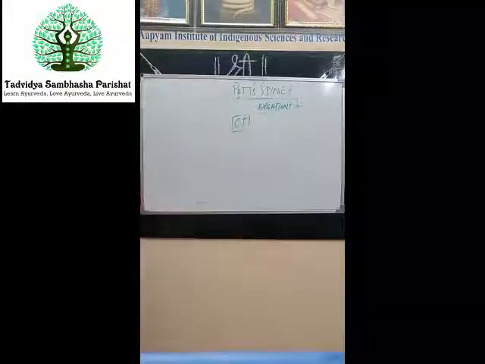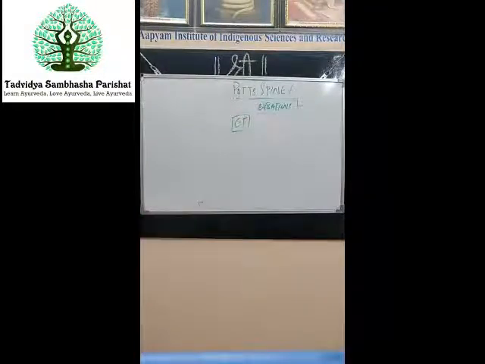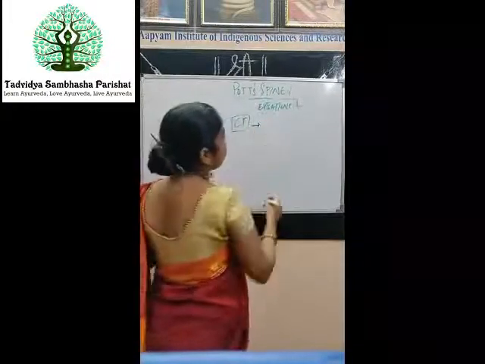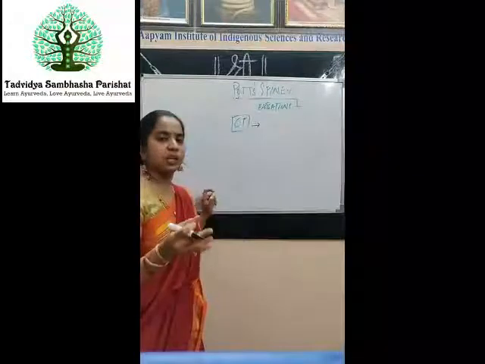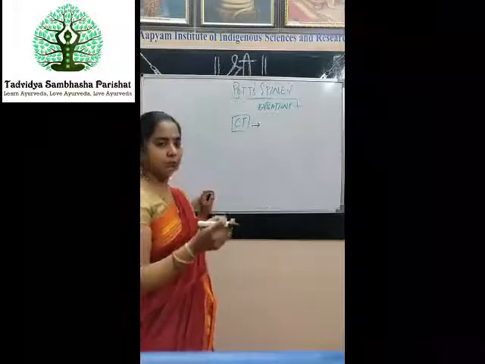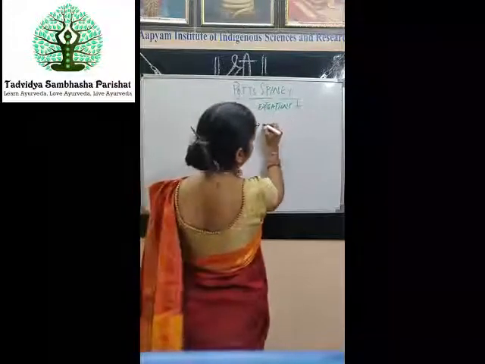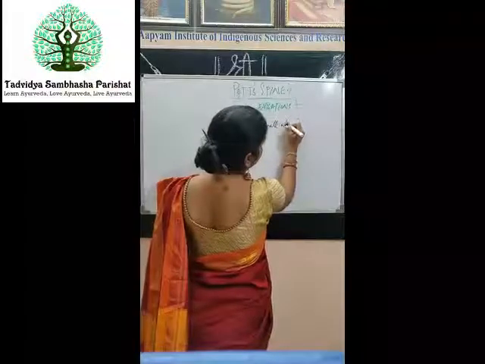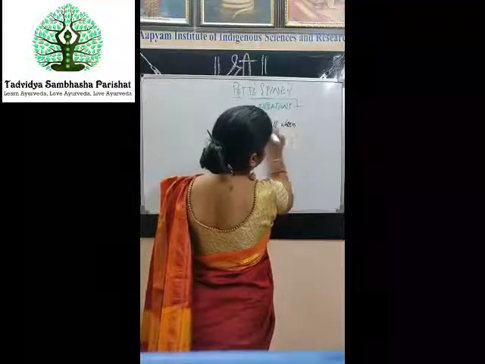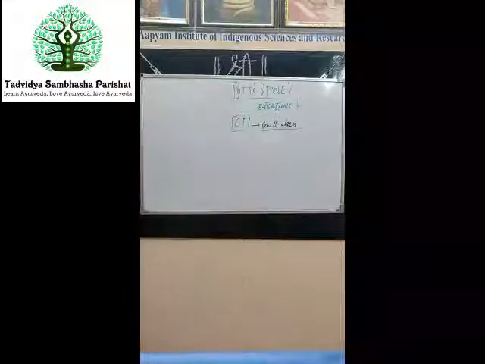Now the next thing we are seeing is the CT. How CT helps us over X-ray is that X-ray will usually not pick up minute or smaller abscesses, but even small abscesses could be picked up by CT.